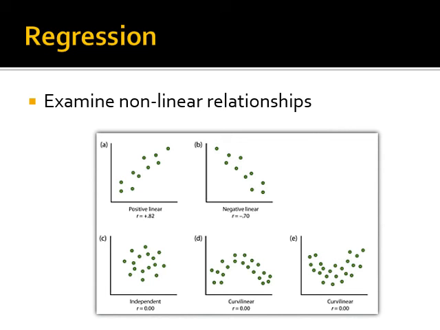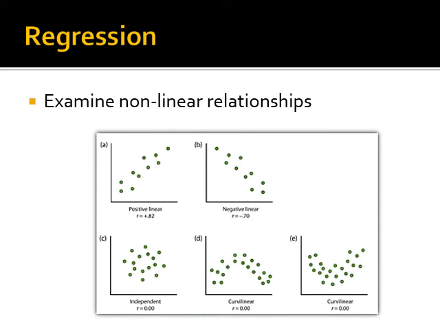D, however, is what we would consider curvilinear, meaning it's not a linear line. There's a curve to it. And you can see that it increases sharply and then drops off. It's almost like a half circle. And then you have an inverted half circle next for E, whereby people decline initially and then start increasing.